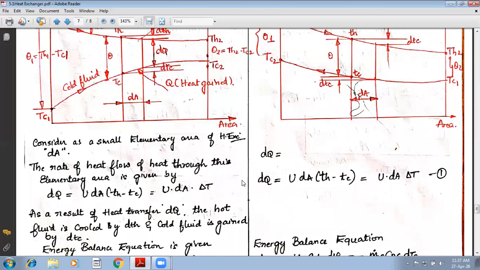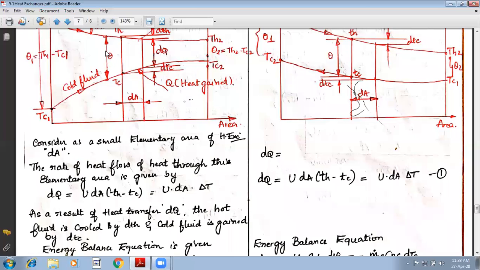Now consider a small elemental area of the heat exchanger dA. We know that the rate of heat flow through this elemental area dA is given by del Q is equals to U dA into Th minus Tc. Now this is the temperature Th. This temperature corresponds to Tc.